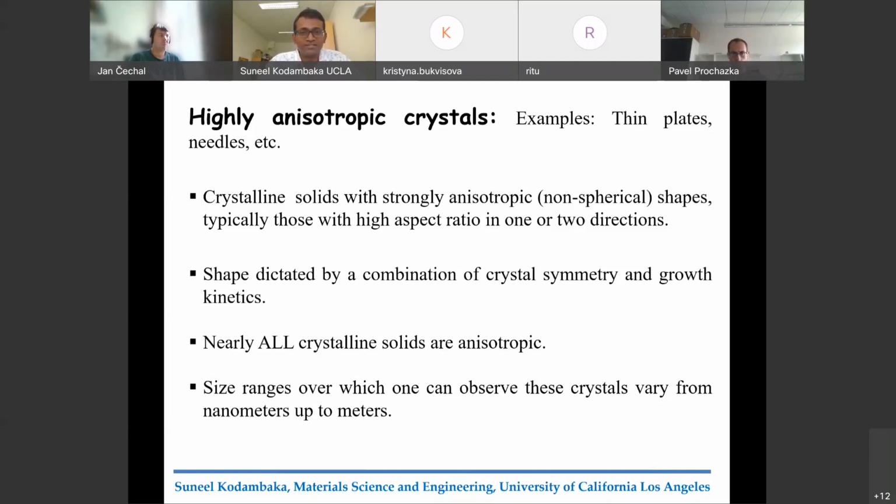Typically, all crystals at room temperature or moderately low temperatures are going to have anisotropic shapes. The shape a crystal assumes depends on thermodynamics and the way it is synthesized. Depending on the conditions under which they are grown, you can observe these shapes at the nanometer scale and all the way up to meter scales.